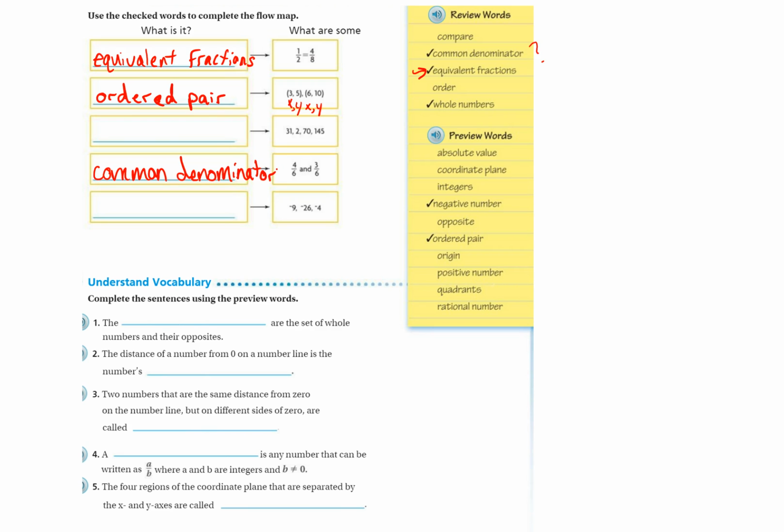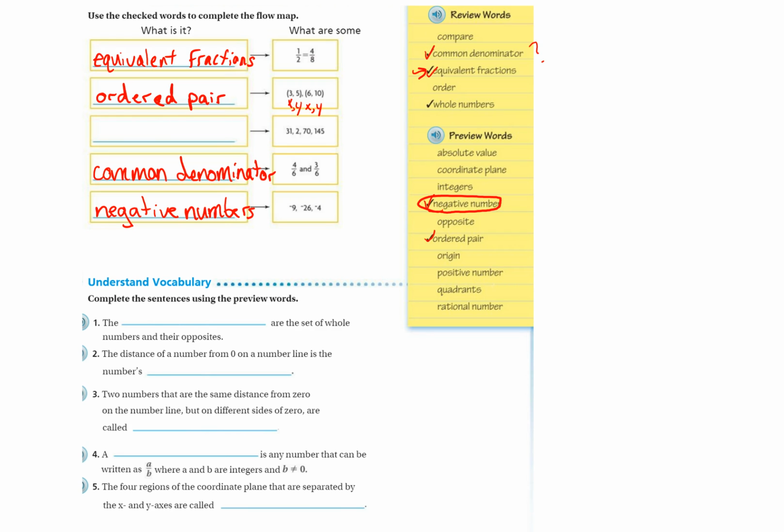So that's how your thinking should go. All right, and the last one here, -9, -26, and -4. Those are all negative numbers. Right, negative numbers. And let's see, I've used ordered pair, I've used negative numbers, I've used equivalent fractions, and I've used common denominators.